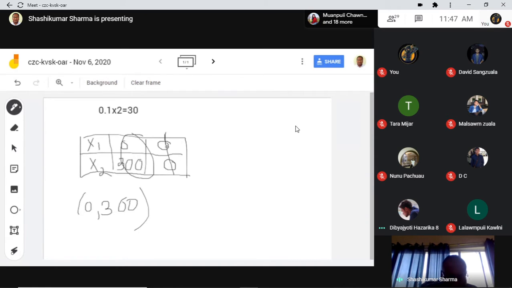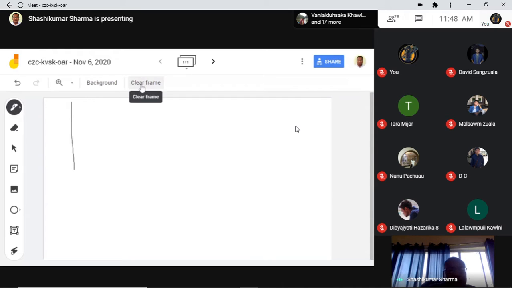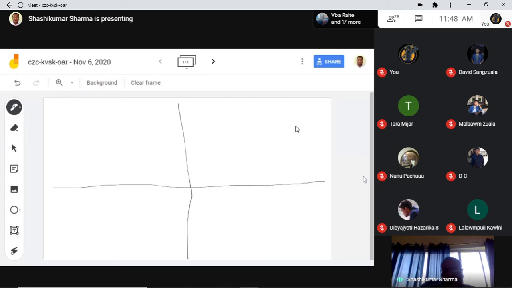Okay, now let's go to the plotting of this thing. Let me clear this and I'm going to draw the line. Since we have x-axis and y-axis only, we will be considering only one quadrant. Generally in a graph, a graph is drawn like this.